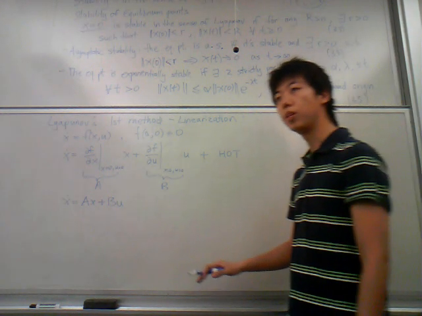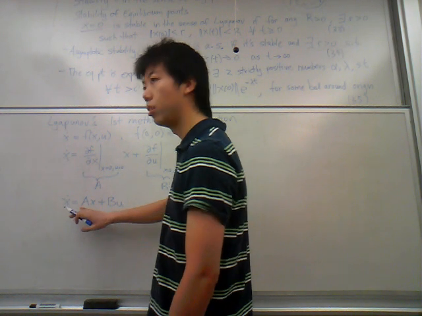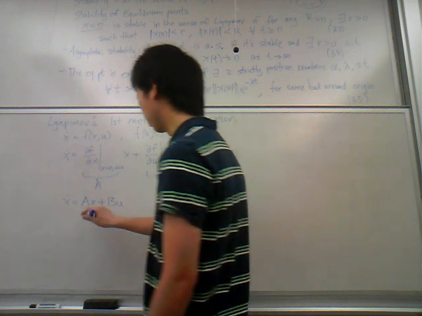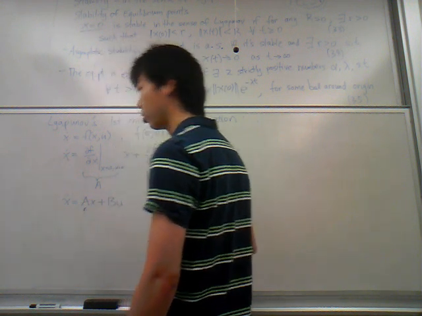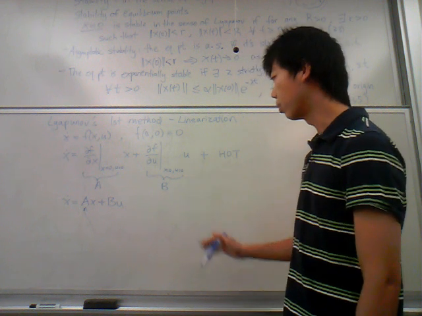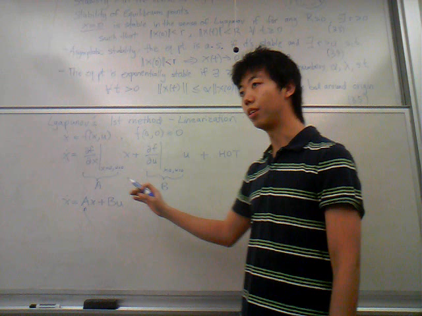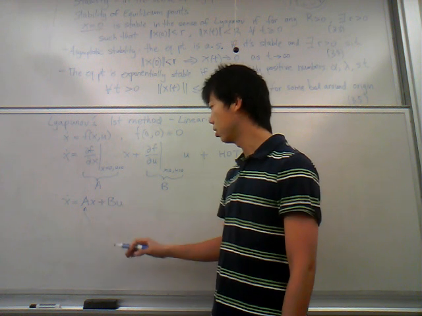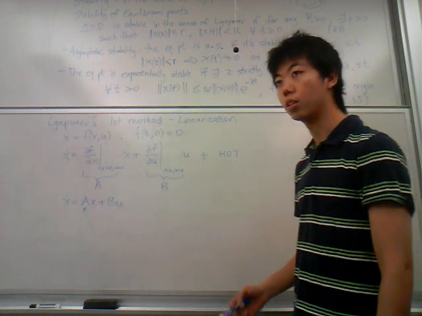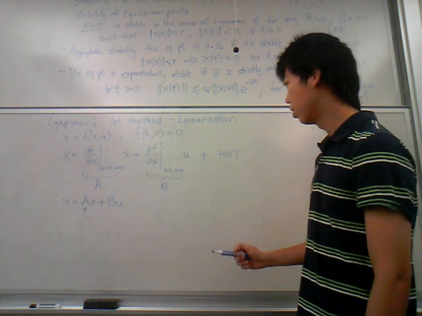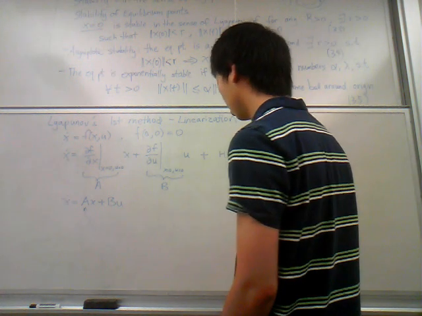So Lyapunov's first method says when we linearize the system and we look at our A matrix, if all of the eigenvalues of A are in the left half plane, or are negative, then it's asymptotically stable. So we just write that down.